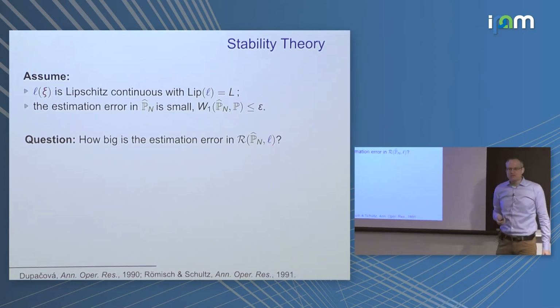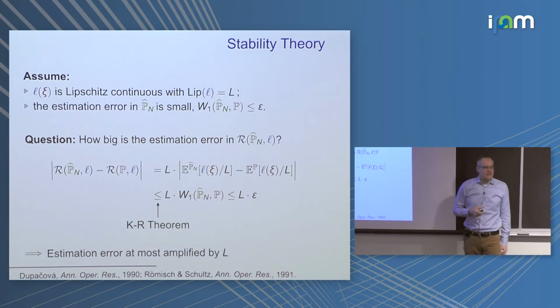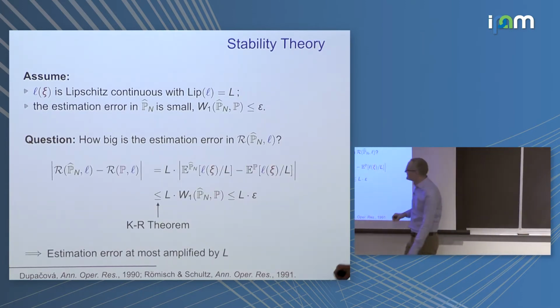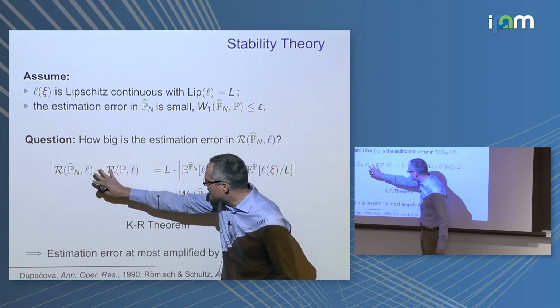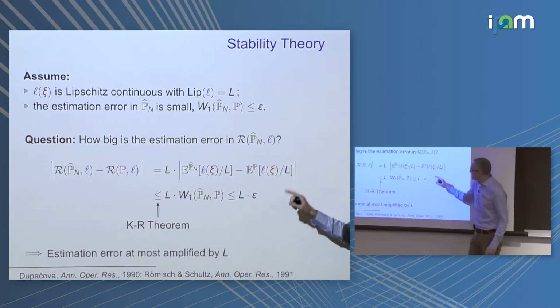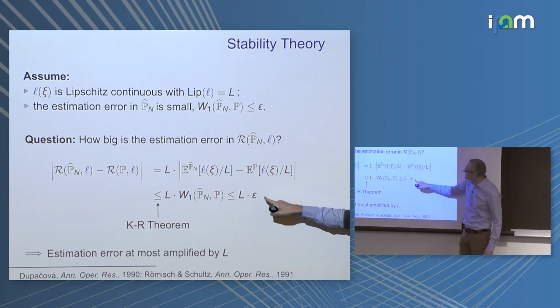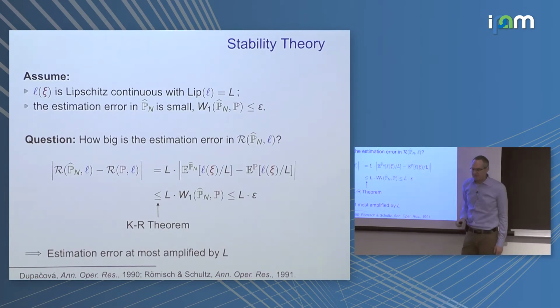Now, by using the celebrated Kantorowicz-Rubinstein theorem, we can estimate the estimation error in the risk, or we can bound it by the Lipschitz modulus of the loss function multiplied by epsilon.